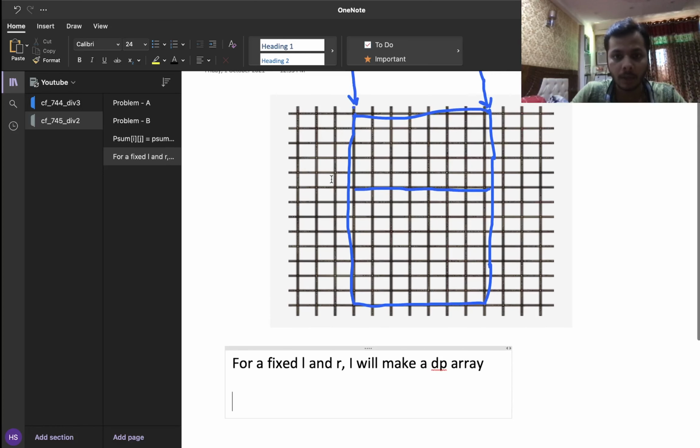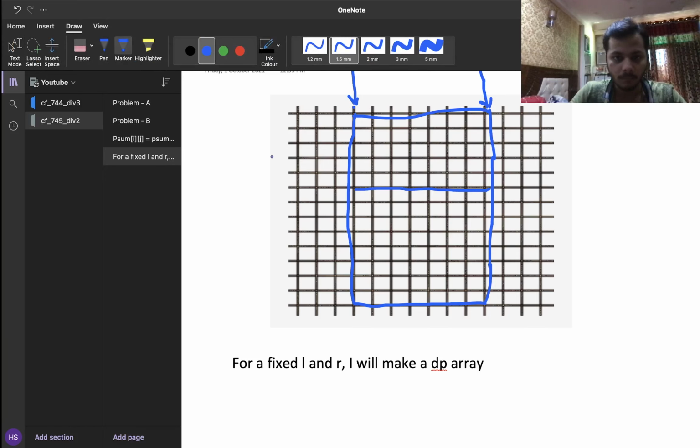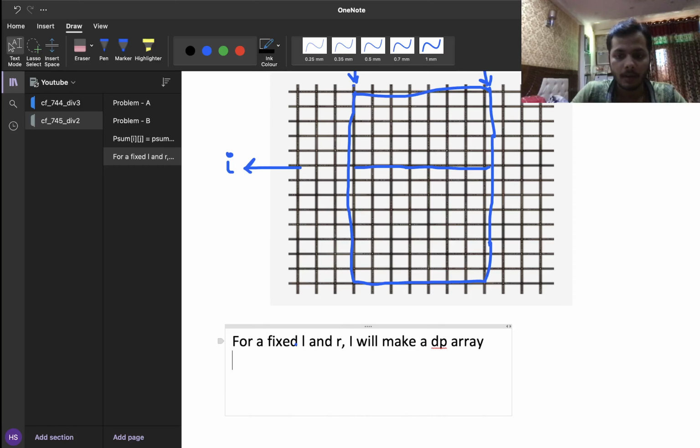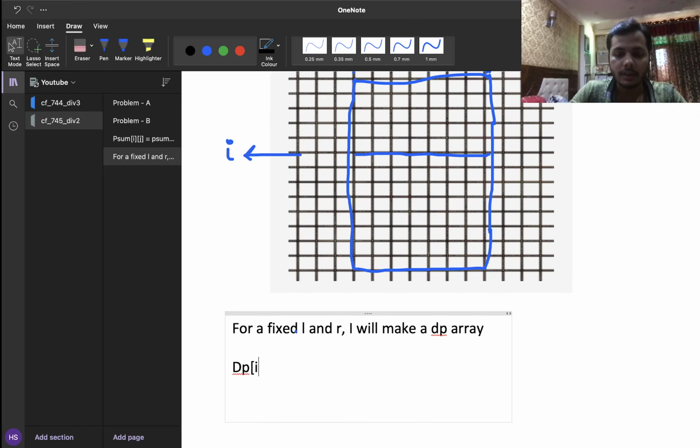Okay, now let's say that this row is I. This is the row which we are currently at, right? So let's see what the DP array will denote.